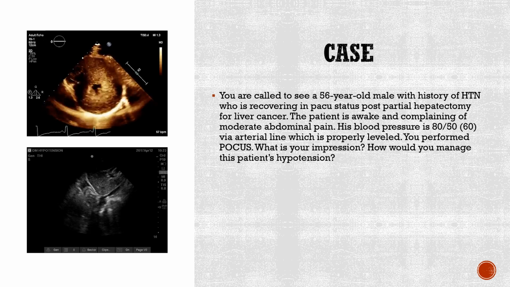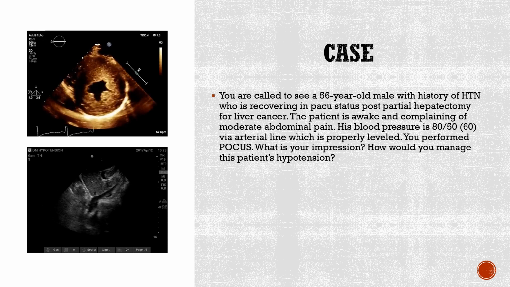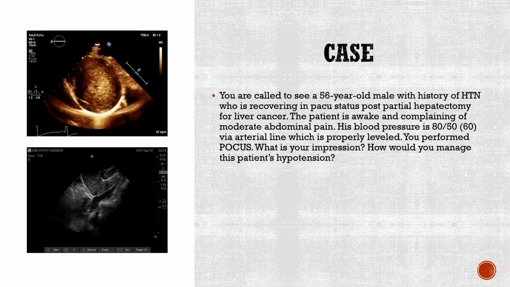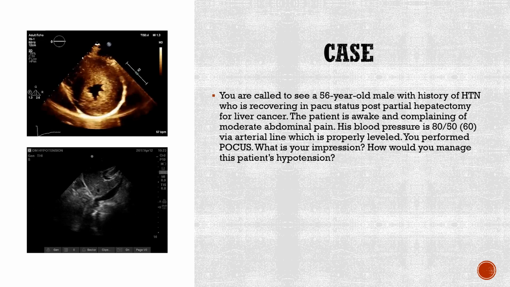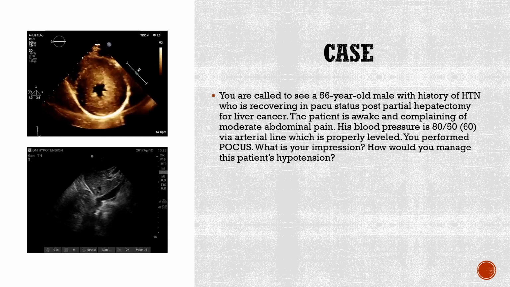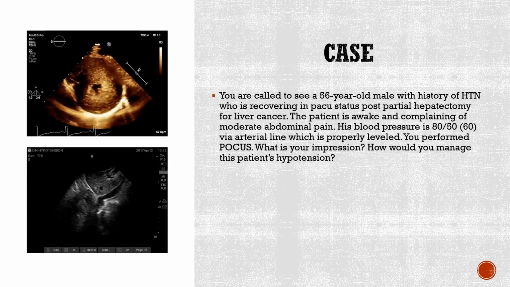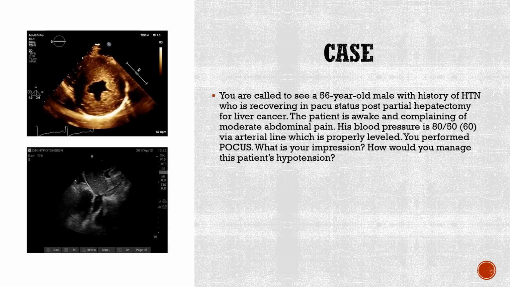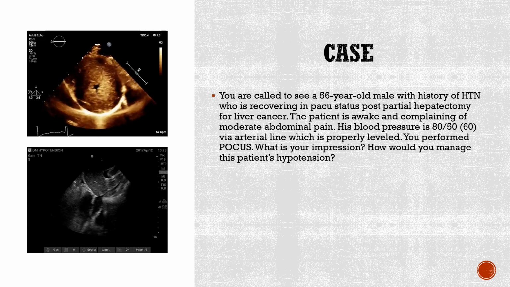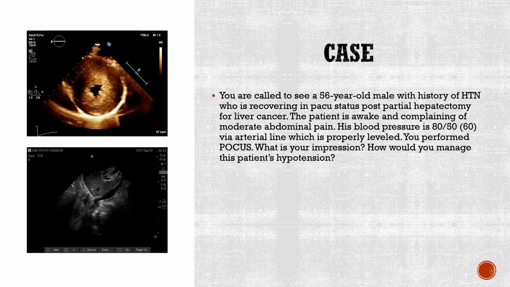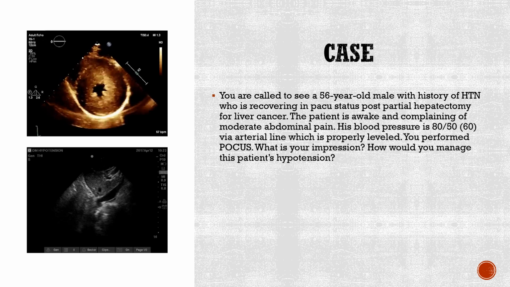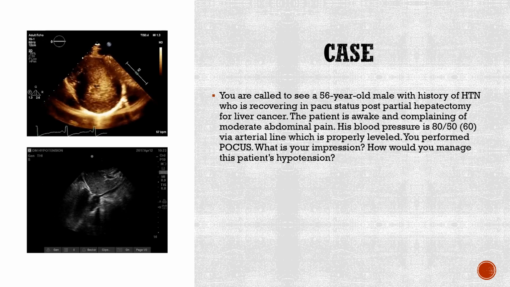And combined with the finding of IVC collapsibility and cavity obliteration during systole, you strongly suspect hypovolemia. Remember, this patient underwent a liver surgery, and quite often they manage these patients with low intravascular volume status, and also there's a possibility of surgical bleeding.